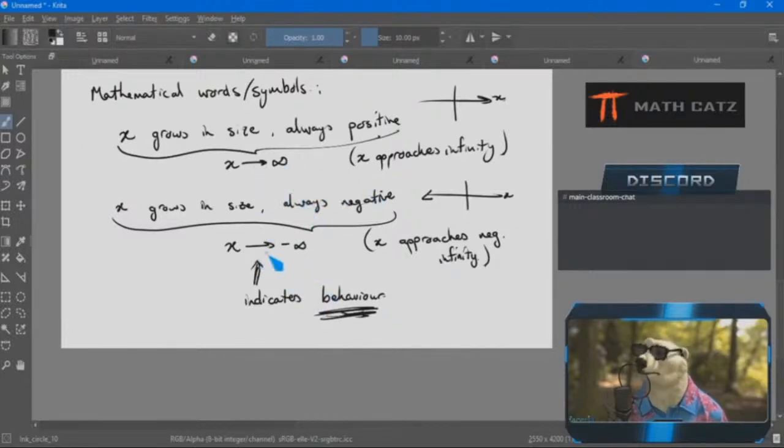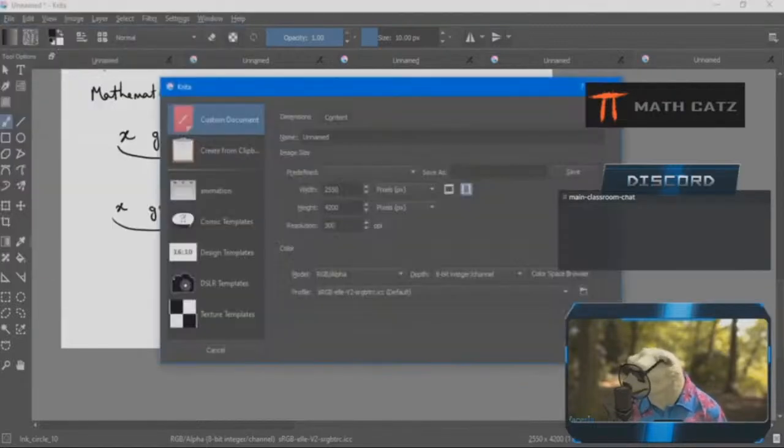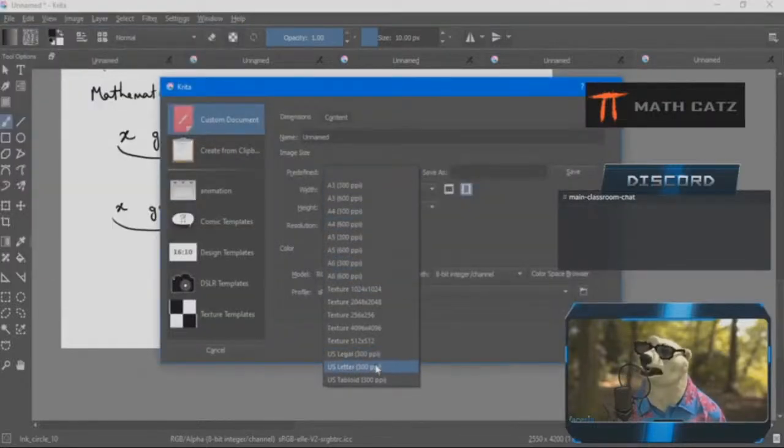So the arrow indicates behavior. The infinity means I'm never stopping. It's long-term behavior. There is no stopping. It's just a question of which direction do I want to go. All right. So let's look at something specific.